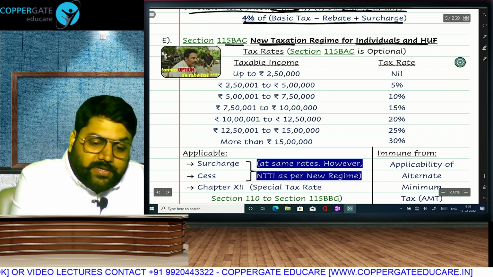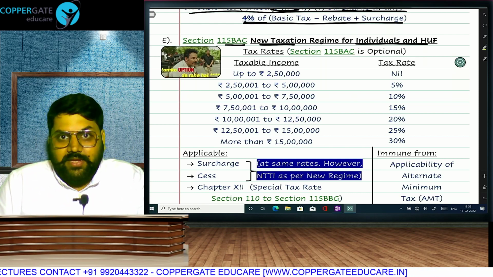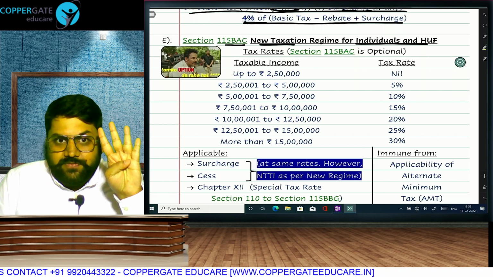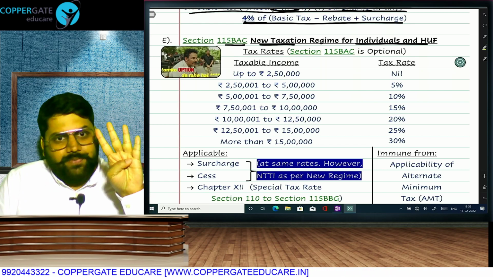One very particular and specific thing that you have to check and observe for 115BAC carefully. There are 4 sections of new regime. BAA, BAB is for companies, BAC individual HUF, BAD cooperative society.